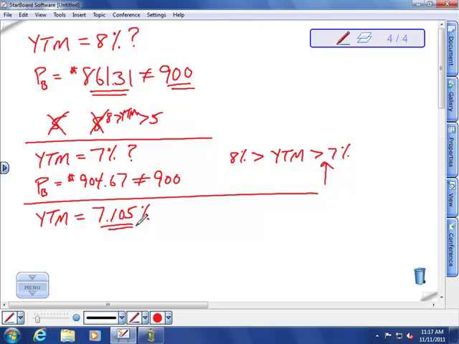So again, the yield to maturity is the bond's internal rate of return. It's the expected rate or the promised rate of return for a bond if you hold it to maturity. And there's no nice algebraic solution to find yield to maturity. We have to use this trial and error process.